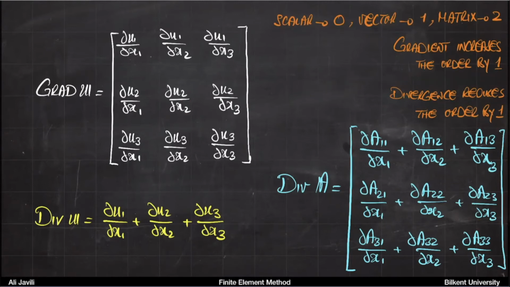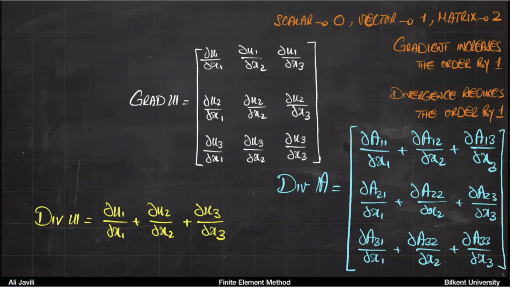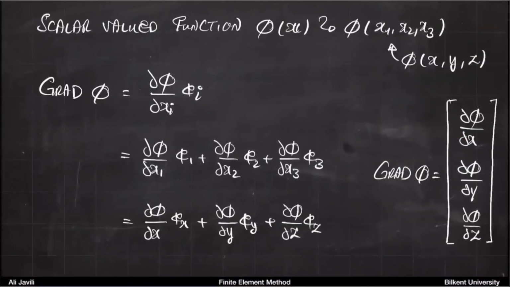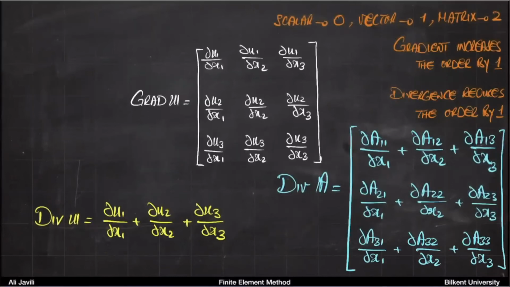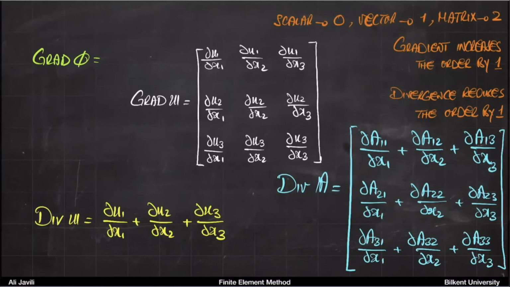So this is the gradient of a vector. And also we had this gradient of a scalar field, right? So gradient of phi, I'm going to also include into this picture just now. Gradient of phi is going to be the derivative of phi with respect to x_i.